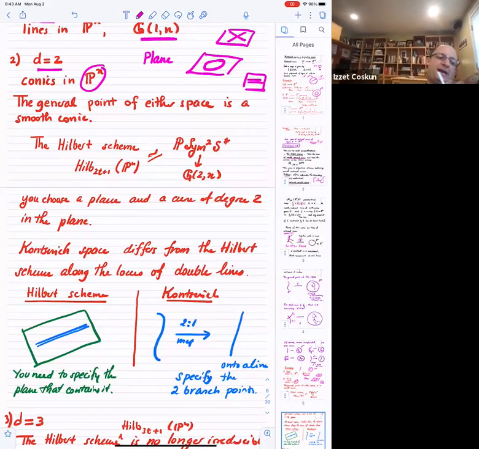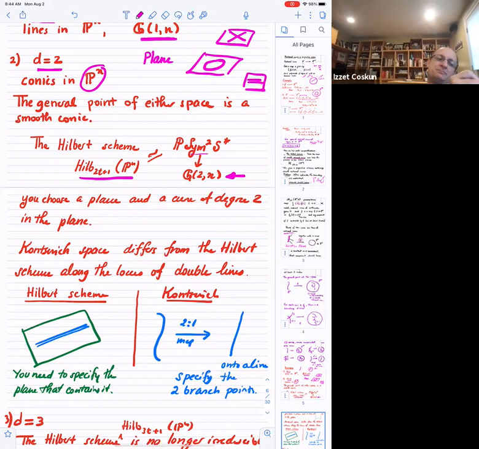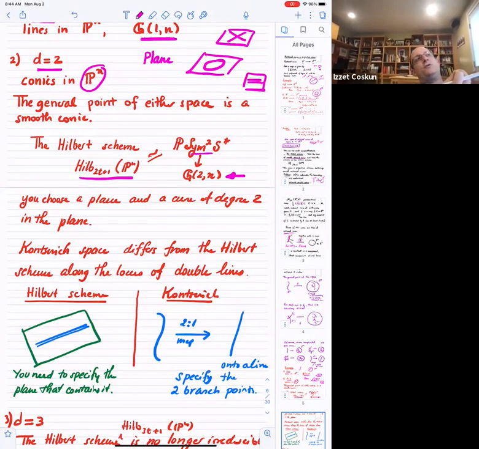So the way you can think of this Hilbert scheme in this case is that you choose a plane, that's parameterized by the Grassmannian, and in the plane you choose a degree 2 equation that vanishes, and that's parameterized by a bundle. If you want, the symmetric square of the tautological bundle. So what's a quadratic form?